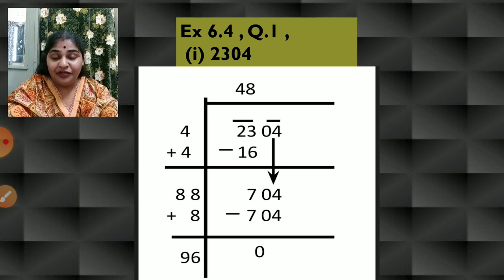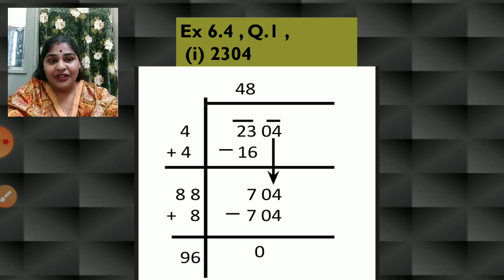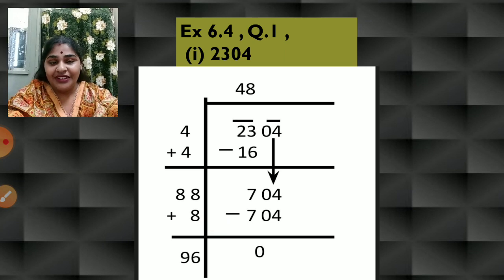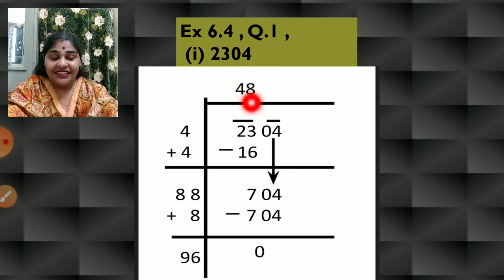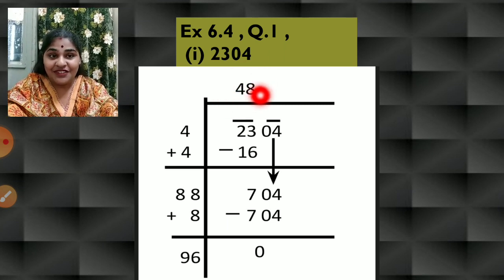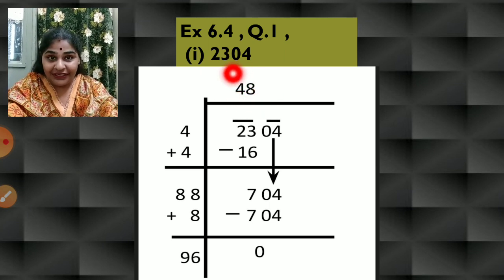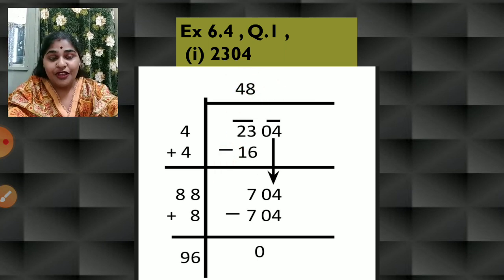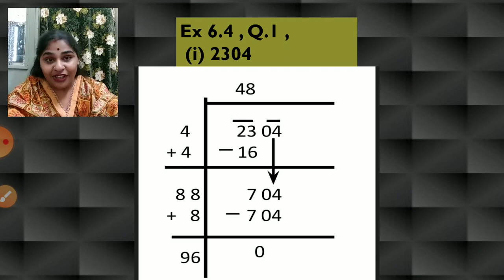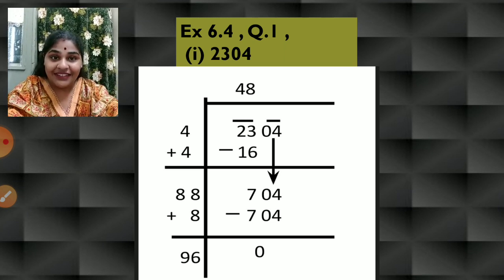Now one more very important thing you will note here: the number you got at the bottom, that is 96, and here you can see the answer is 48. The square root of 2304 is 48. Twice of 48 is equal to 96. So this is one way you can cross check whether you got the right answer or not.